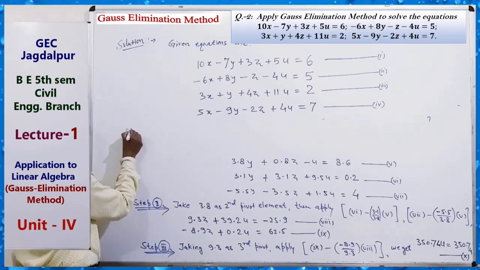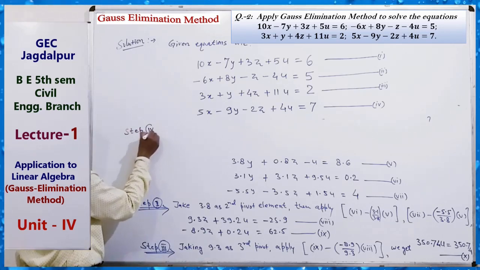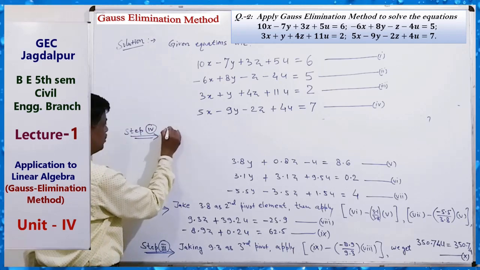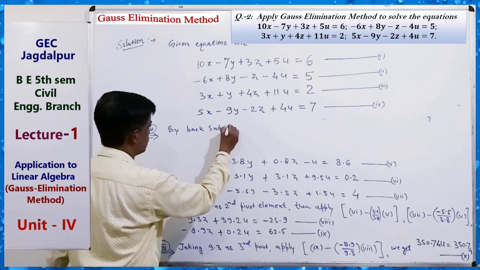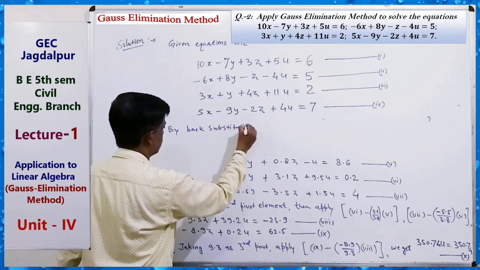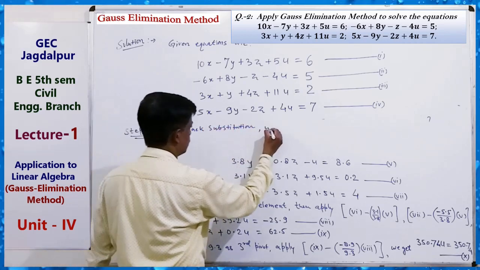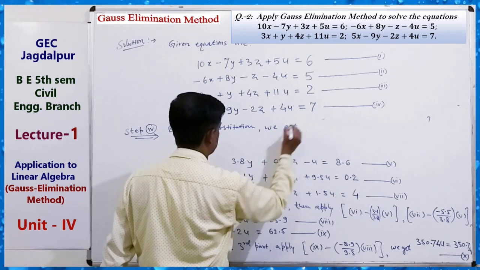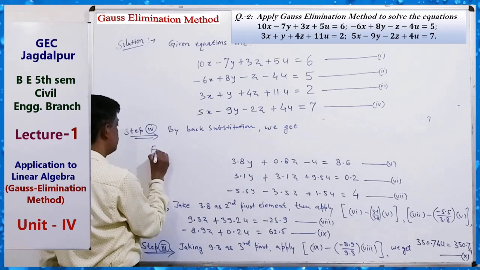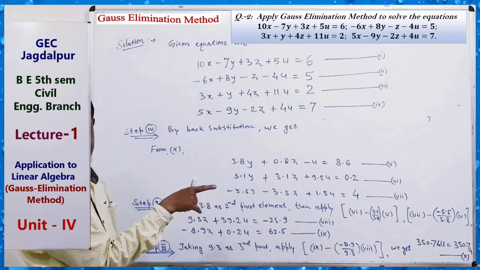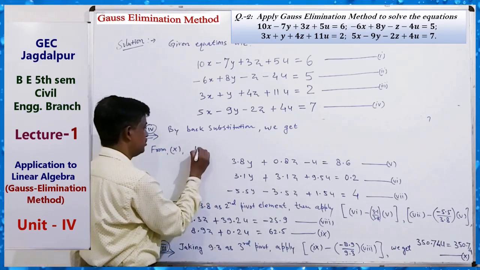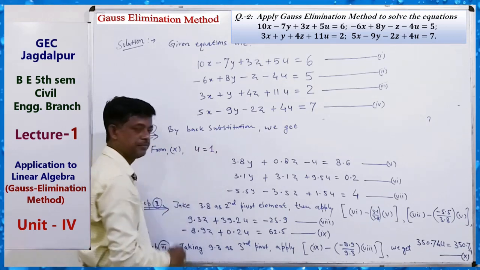Step 4, by back substitution, we get from 10, U equals to 1.